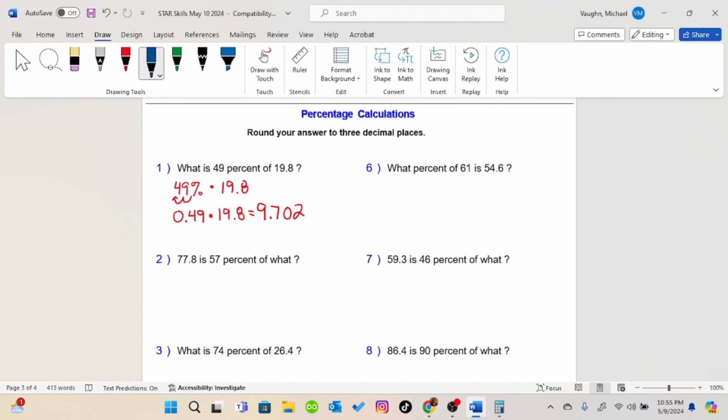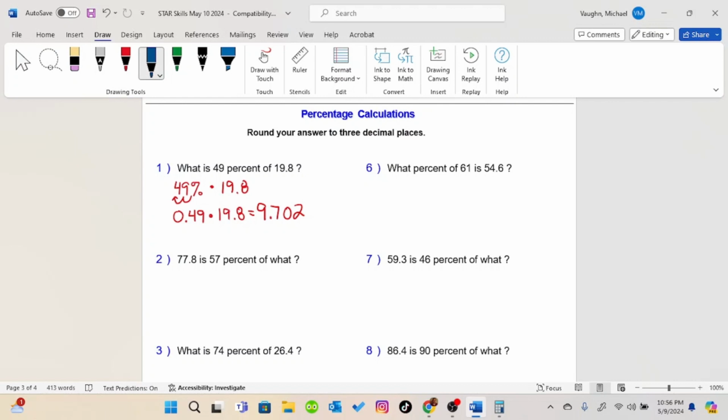Number 6. What percent of 61 is 54.6? So now, if we look at the previous one, we knew the percent and we knew the number and we multiplied them together to get what the percentage was.